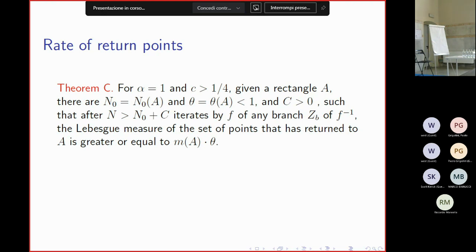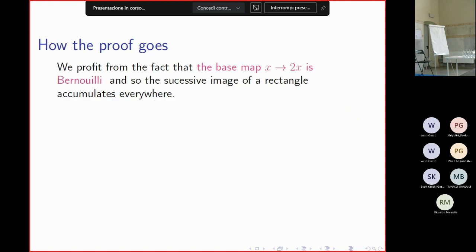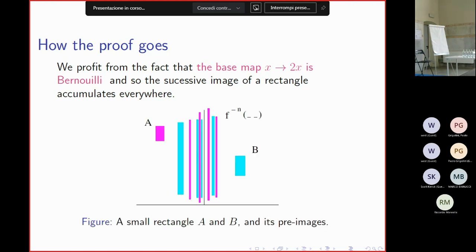But we still didn't arrive at this, and I would like to continue and see if we can really prove it. No, I will not prove it now. The proof goes just, as I said, we profit from the fact that the base map is Bernoulli, and so successive images of a rectangle accumulate everywhere, like this. It's a small rectangle, you just do like that.